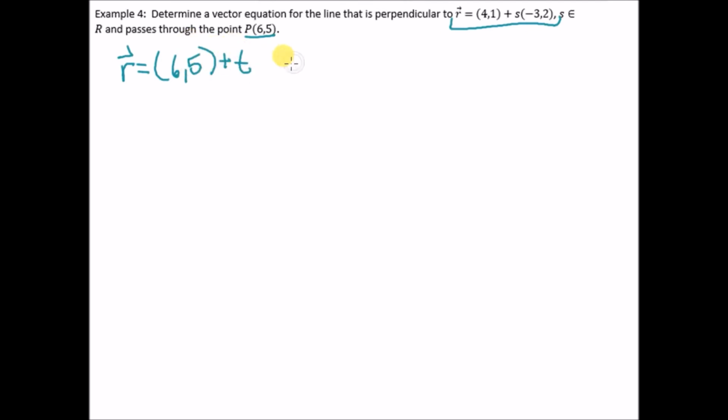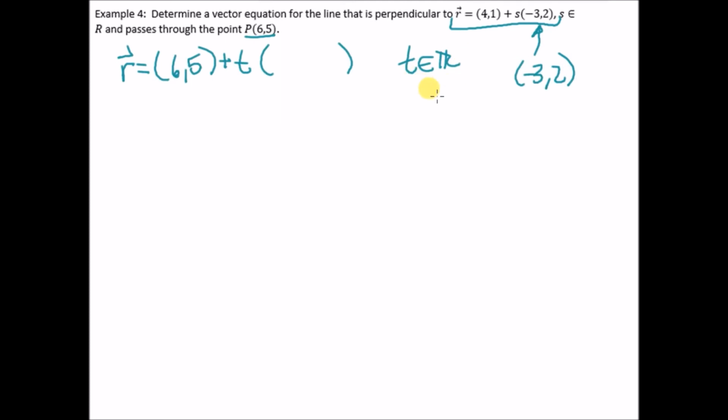And now all we need is a direction vector, and then we'll put t as an element of R. For the direction vector, the information that we're given is that it's perpendicular to this direction vector, 4, 1. Sorry, I did that backwards. The direction vector is negative 3, 2.